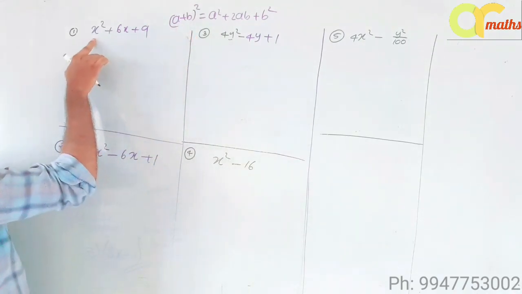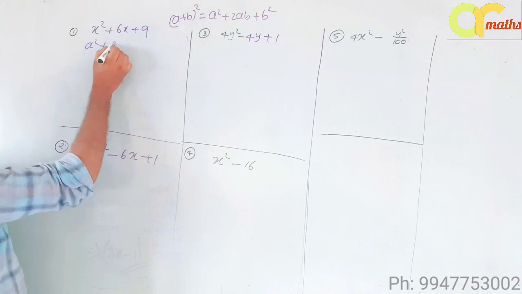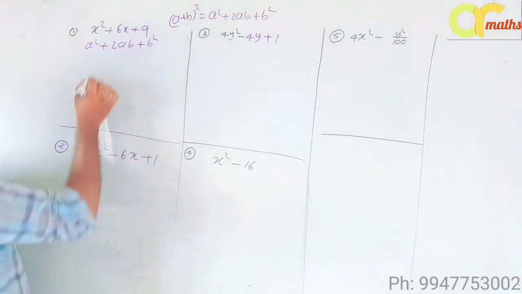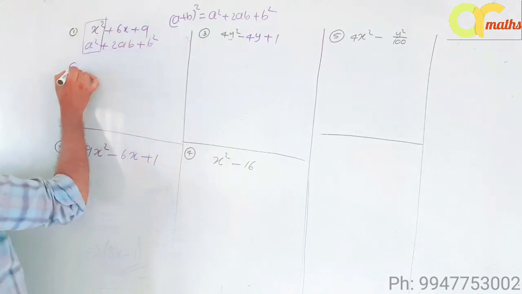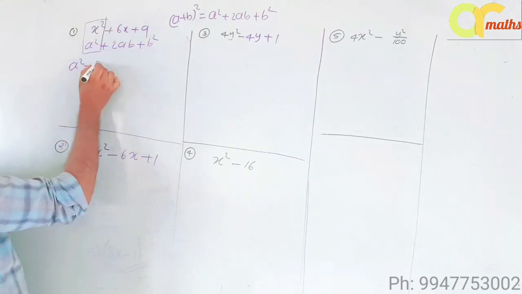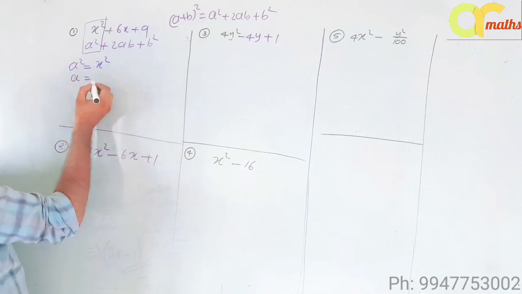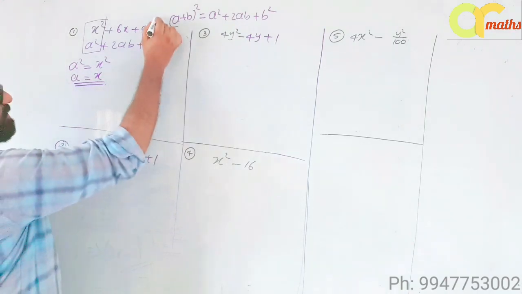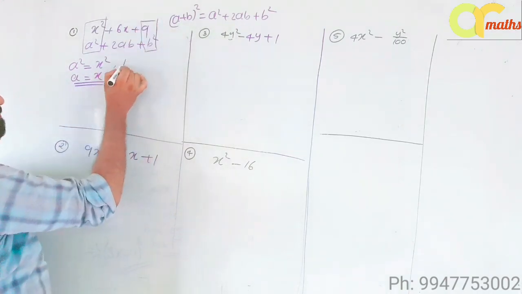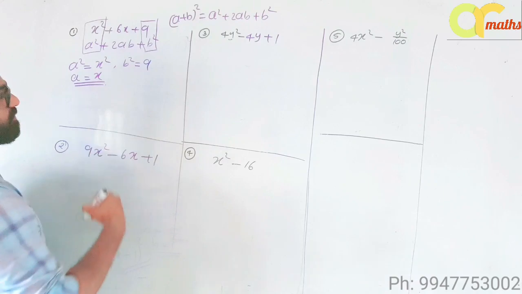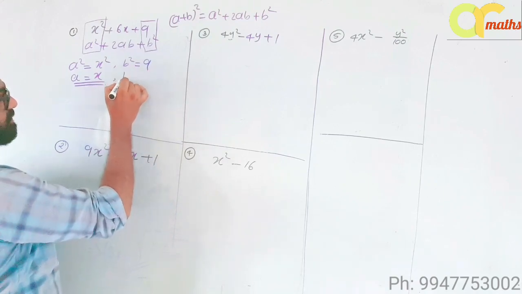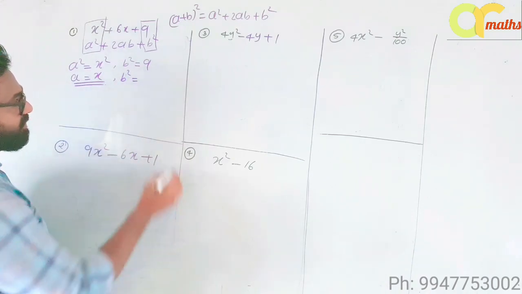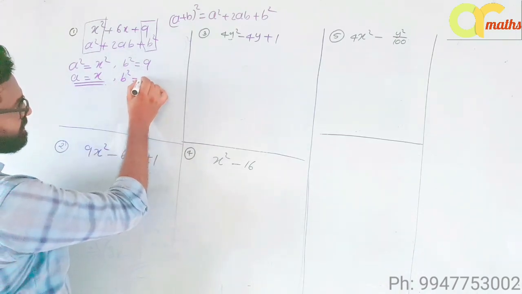So here this is in the form of a square plus 2ab plus b square. Okay, in the place of a square is x square. Then what is a? Square, square cancel, a equal to x. What is in the place of b square? 9. Then b square equal to 9. You can write 9 as 3 square.